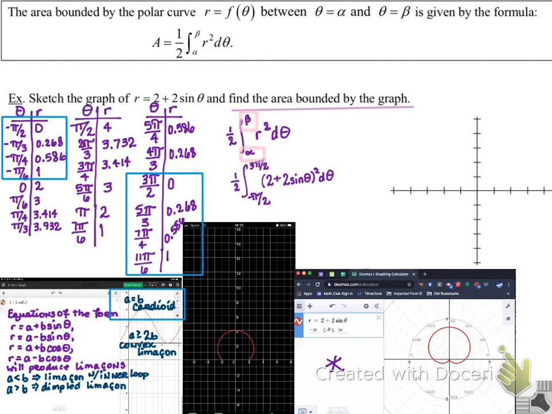I have boxed in blue the place where I see the pattern repeating. If you look at it, they're the same numbers over and over again, but you've got to be really careful and make sure that you see that pattern repeat. Once you see that pattern repeat, you can identify where your alpha and your beta are.